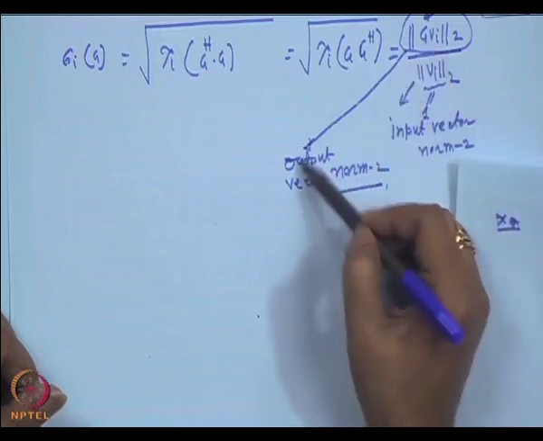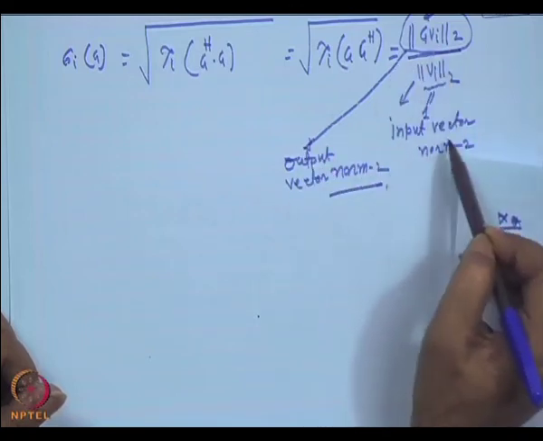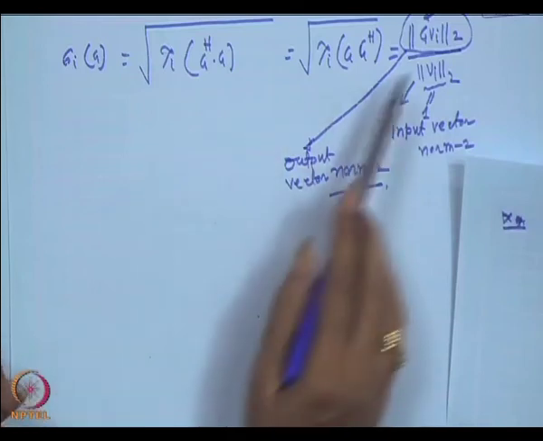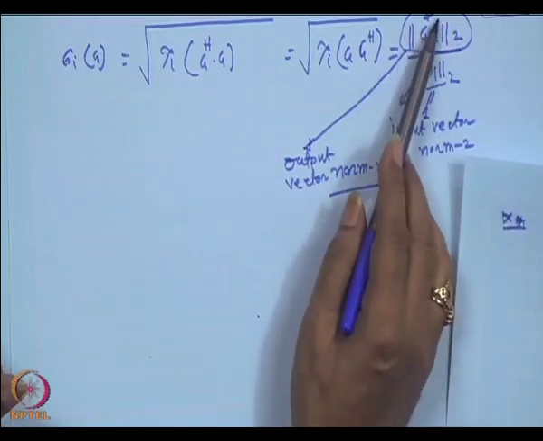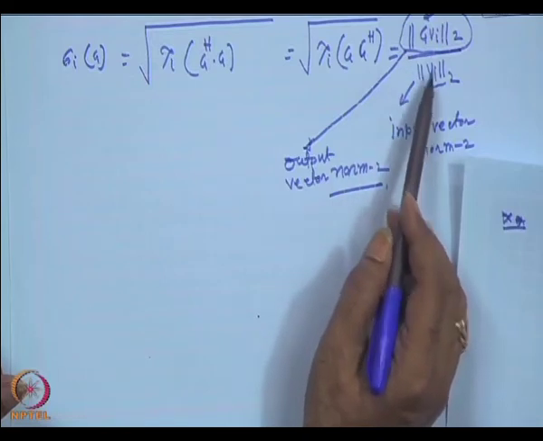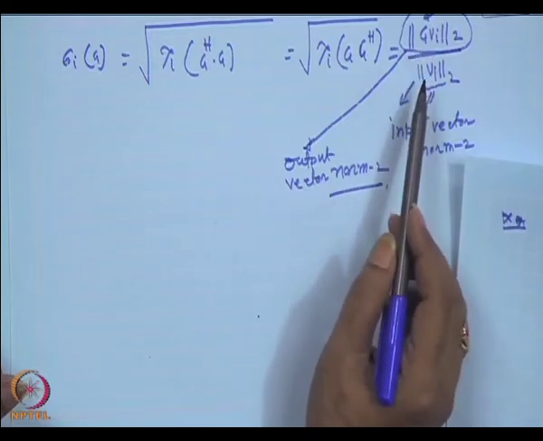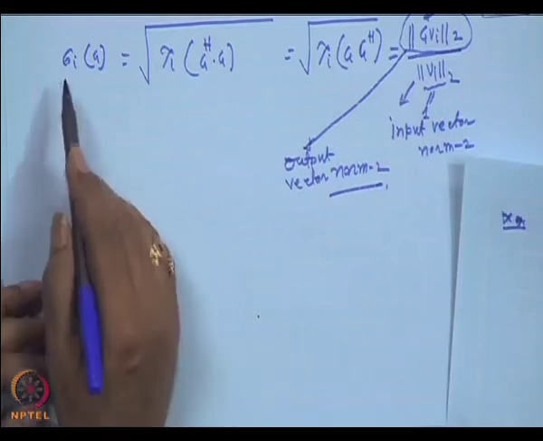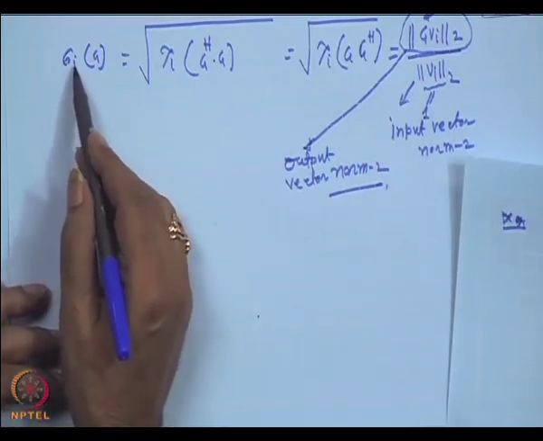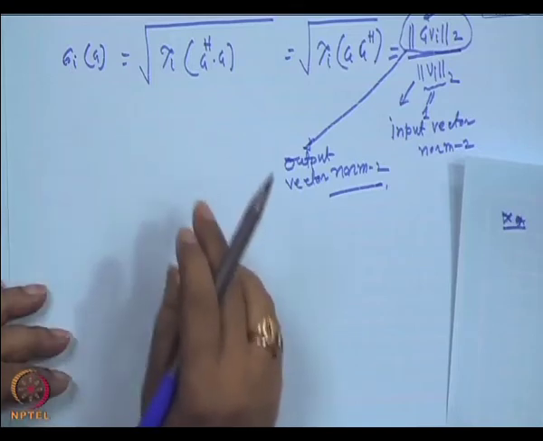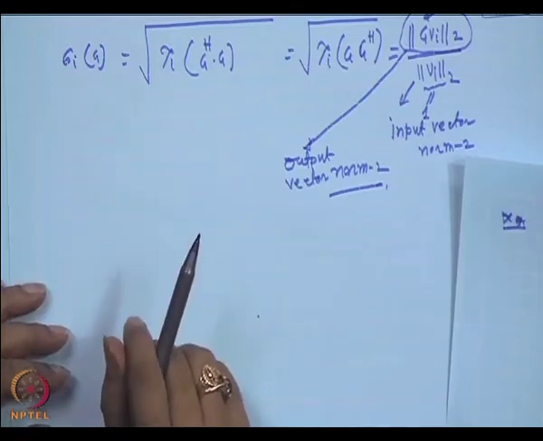So this is the output vector norm divided by the input vector norm. Clearly it depends on the ratio of output vector to input vector. So for the gain of the system, how many sigmas are there? Sigma 1, sigma 2, up to sigma n.